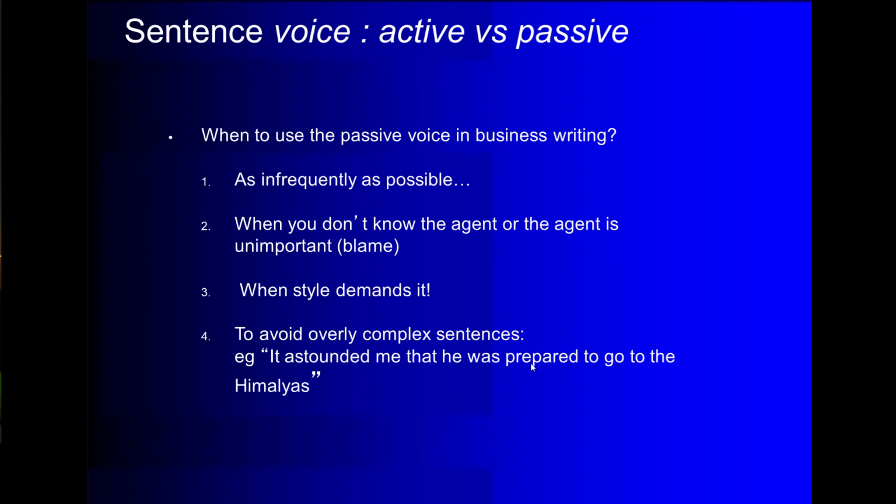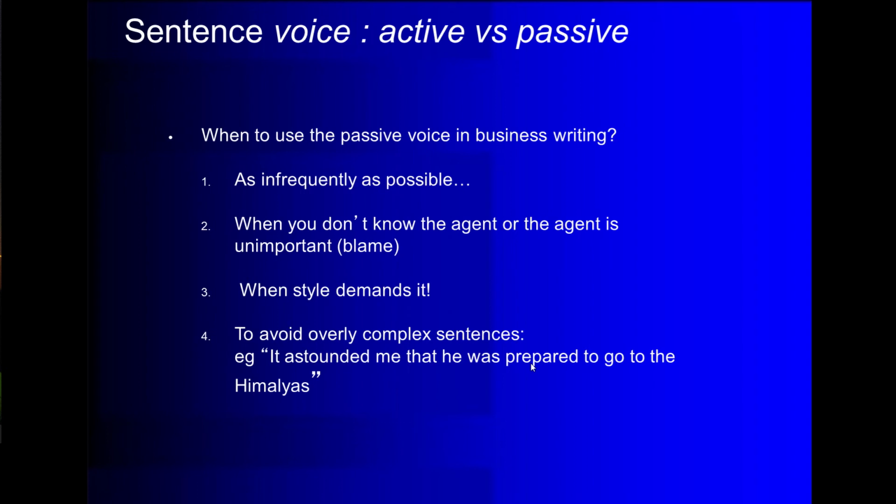It astounded me that he was prepared to go to the Himalayas. Okay, now that he was prepared to go to the Himalayas is passive. So you could write around it and say, he prepared to go to the Himalayas and I was astonished. Although I was astonished is still passive, right?